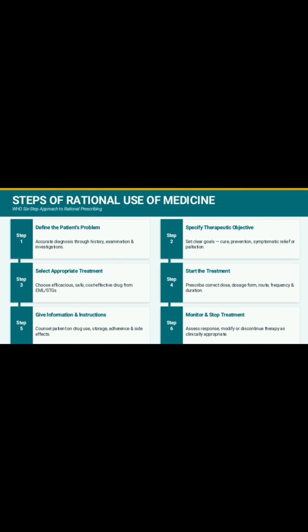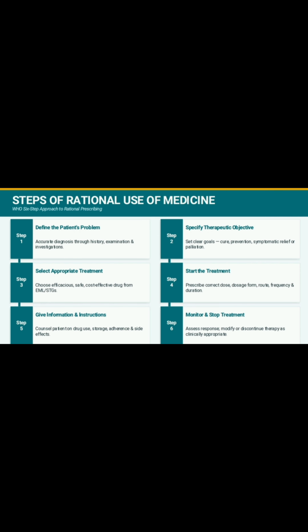Next are the steps for rational use of medicine. What steps are to be taken for rational use of medicines? There are 6 steps. First is to define the patient problem. Firstly, you identify the problem or the disease based upon the symptoms, history, and examination, and then recognize the need for action.